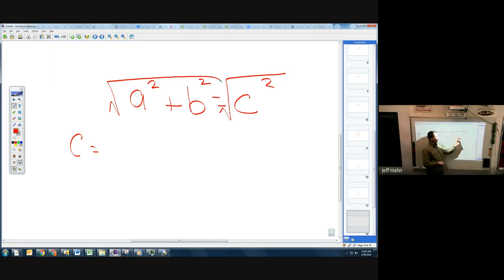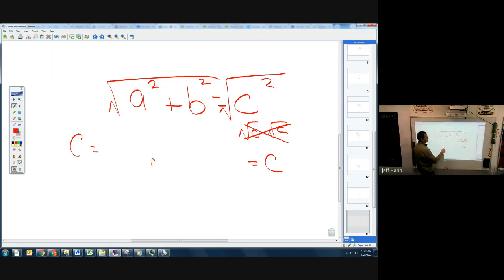So if I do that, this is C times C. Remember we just did square roots. This is the square root of C times the square root of C gives me C squared. What is the square root of C times the square root of C? They're identical. What happens when they're identical? You cross them off and you get just what's underneath of them. So there is my letter C.